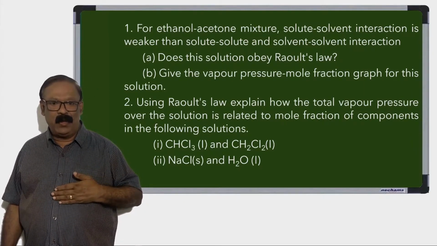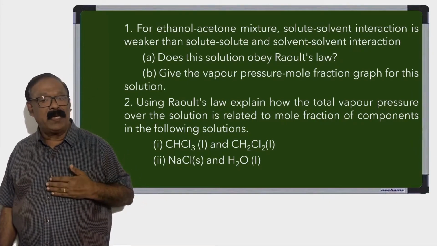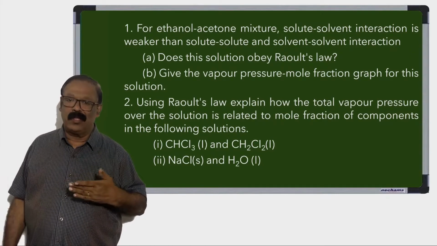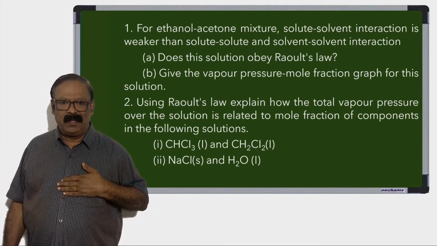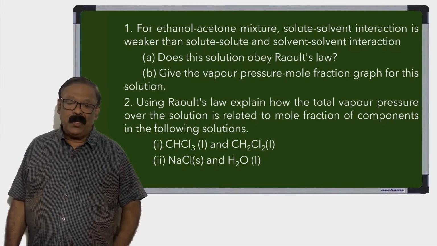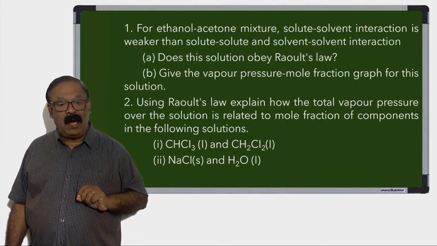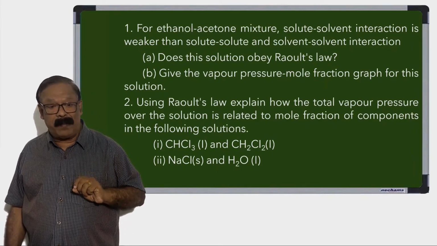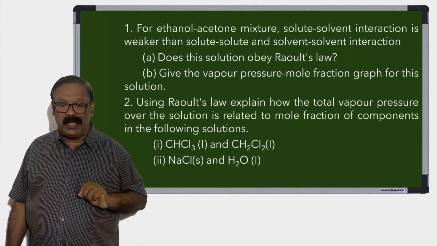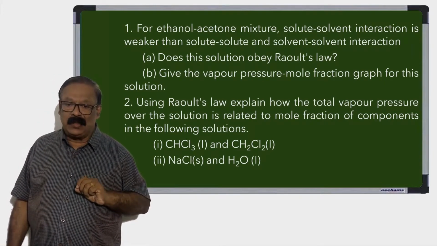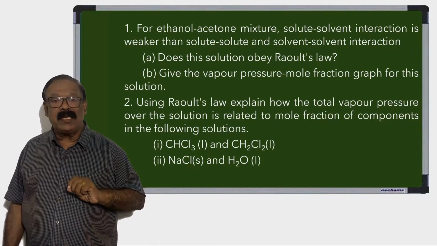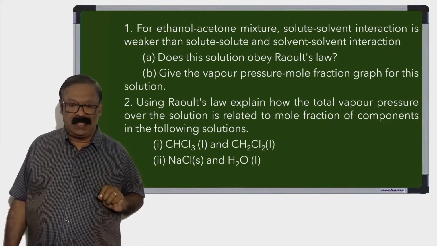In part B, you are asked to give the vapor pressure mole fraction graph for this solution. Second question is, using Raoult's law, explain how the total vapor pressure of the solution is related to mole fraction of the components.